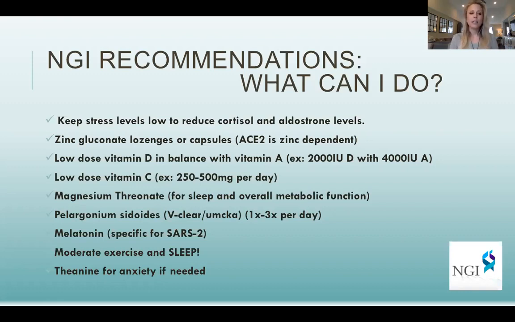What they're seeing is that melatonin decreases significantly as you get older, so having enough melatonin on board is going to be really important. Again, I can post that research if you're interested, just ask for it. And theanine is great for anxiety, particularly during this time where things are shifting and we don't really know what's going to happen next.